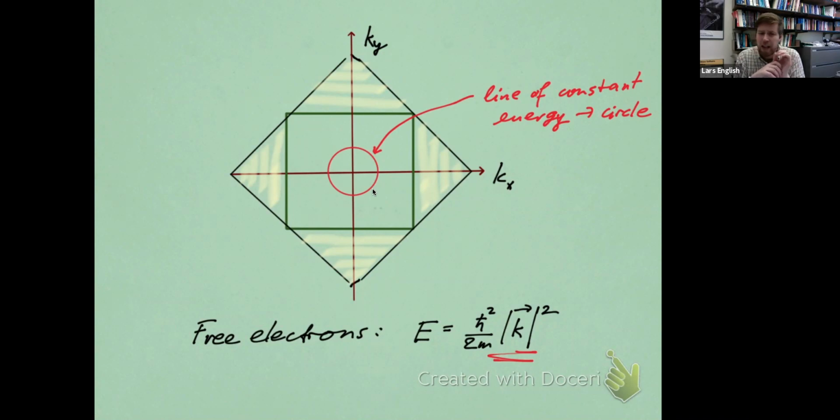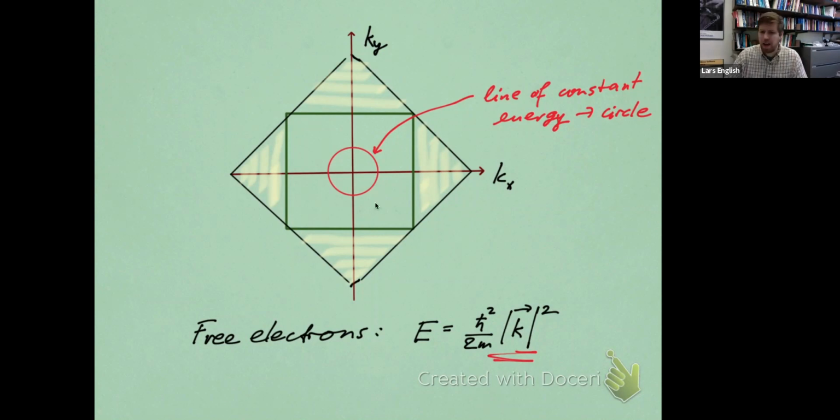Think about why that is. Why is that? When you think about it a little bit, you conclude that any k vector whose tip ends up on that circle has the same magnitude.